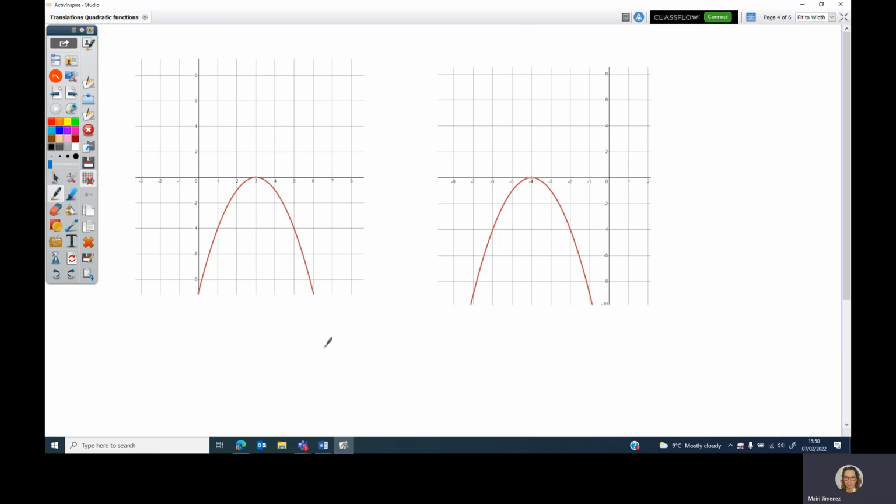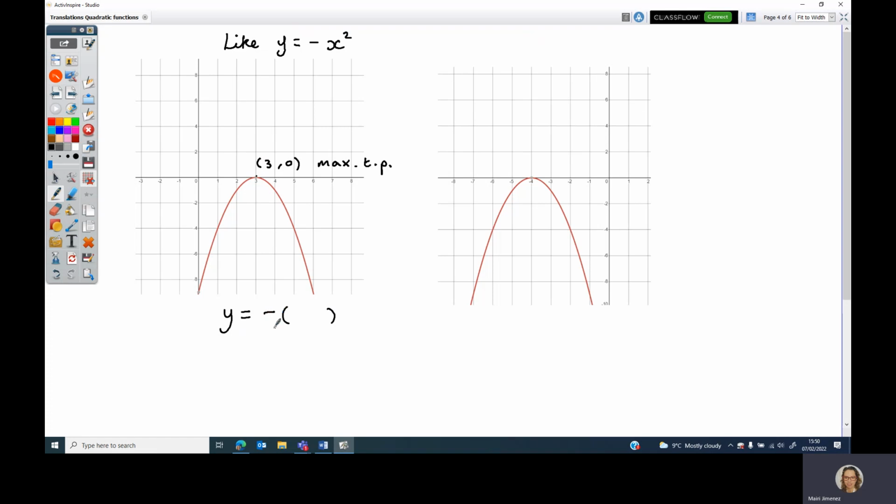So now these two graphs look a little bit more like y equals negative x squared. They're upside down, they have maximum turning points. So this coordinate here is 3, 0, and that's a maximum turning point, so we can write max TP. So this time our equation has a negative in front of the bracket.